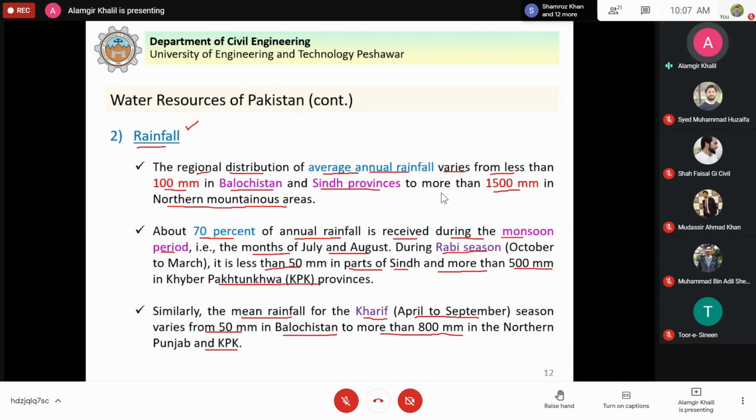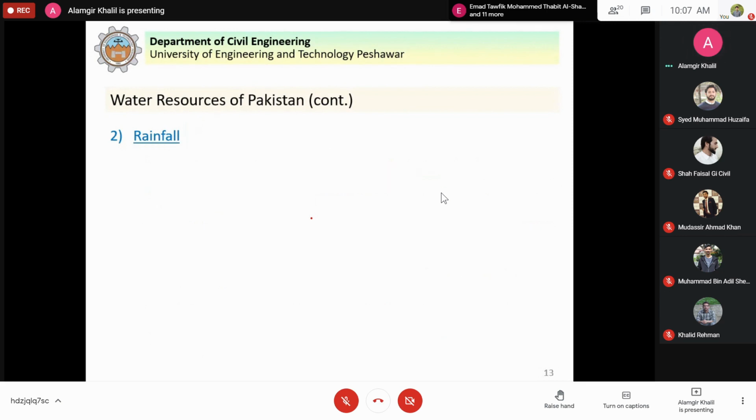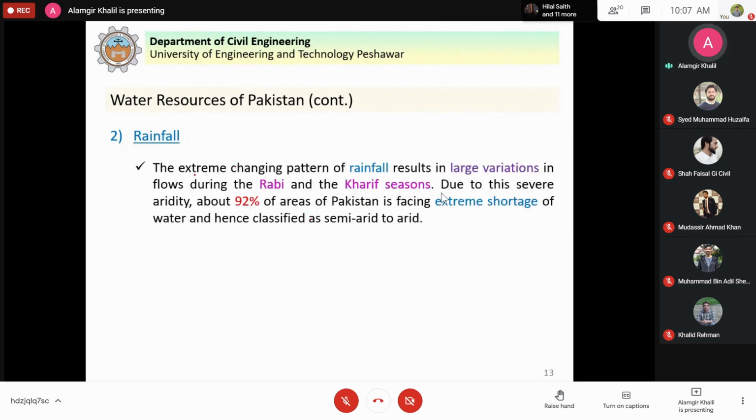So this is the situation of the rainfall. You can see the non-uniform distribution of rainfall. So that's why rainfall alone is not sufficient for agriculture purposes. If we are dependent on rainfall, it will not be possible to have enough food to feed the entire population of the country. The extreme changing pattern of rainfall results in large variations in flows during the Rabi and Kharif seasons.